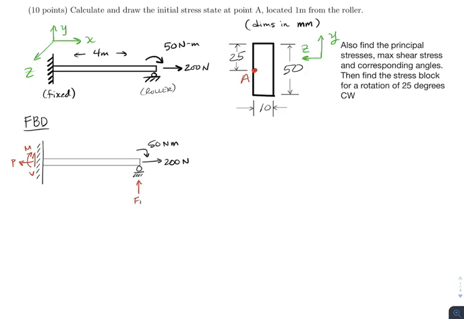Now we have our free body diagram, so we're interested in finding what the forces are going to be at our section, which is going to be 1 meter away from the roller. Since we have these 4 unknowns, let's do everything in terms of our F1 force, because that'll make it easier to solve for our internal forces at our section.